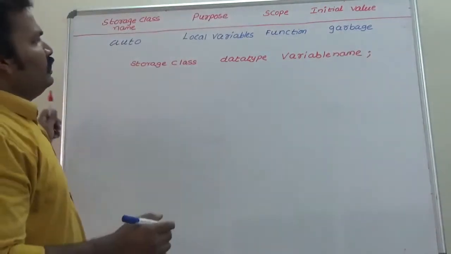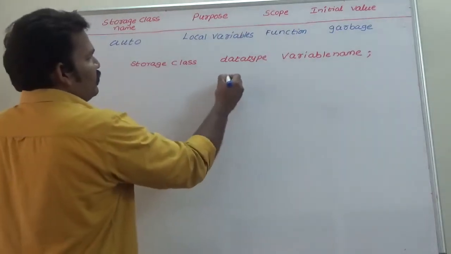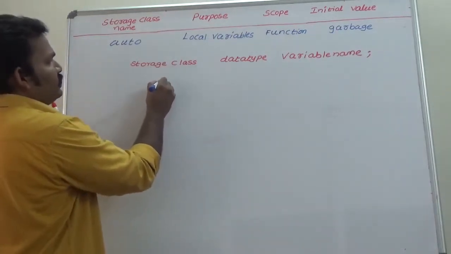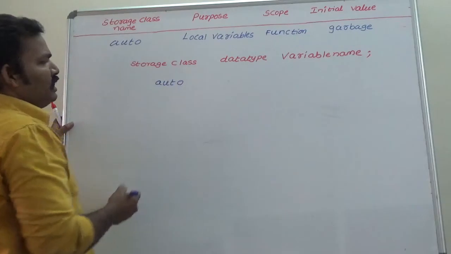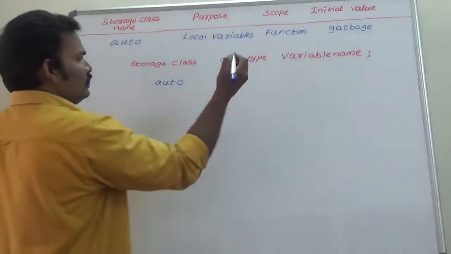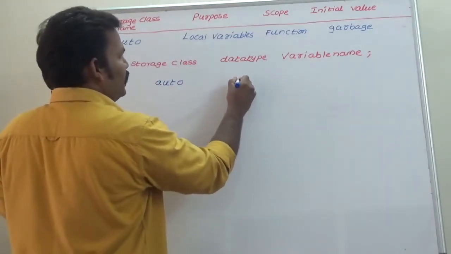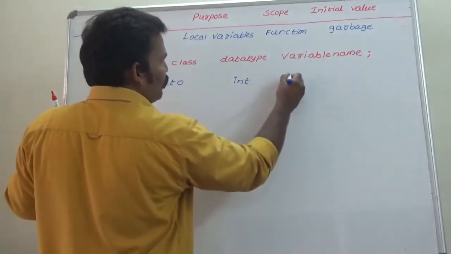Here the storage class name is auto, next data type int, variable name x.